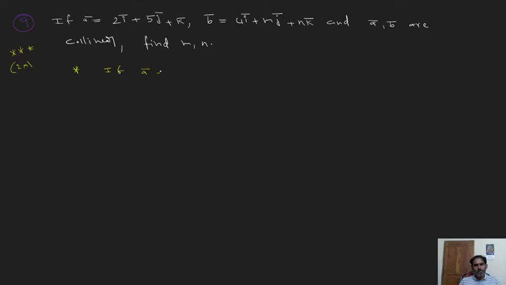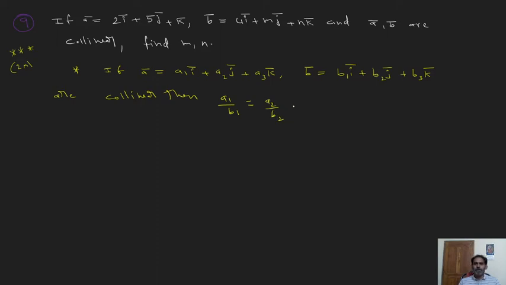If A bar equals A1 I bar plus A2 J bar plus A3 K bar, and B bar equals B1 I bar plus B2 J bar plus B3 K bar are collinear, then the condition is A1 by B1 equals A2 by B2 equals A3 by B3.